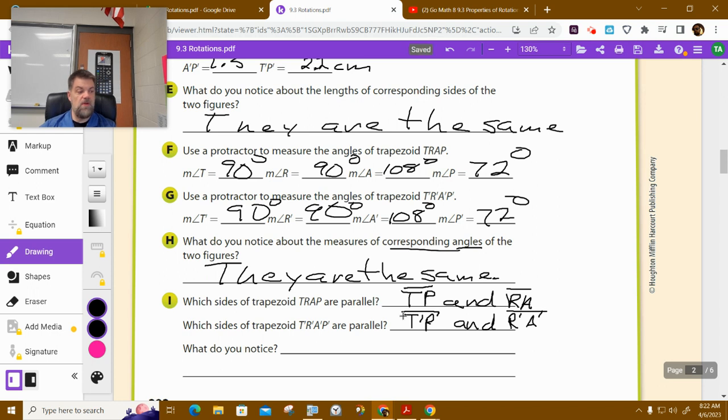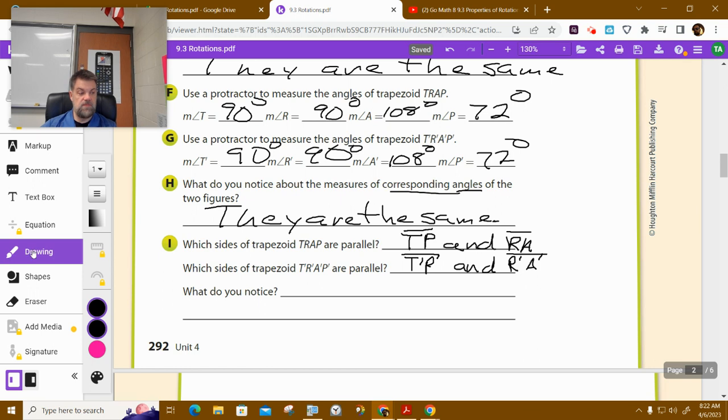And it says, what did you notice? This is not exactly what the book says, but I know this is what you guys are thinking. They are the same. And I'm going to put sort of. And I'll explain why.